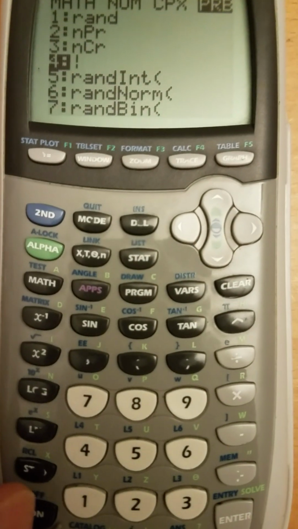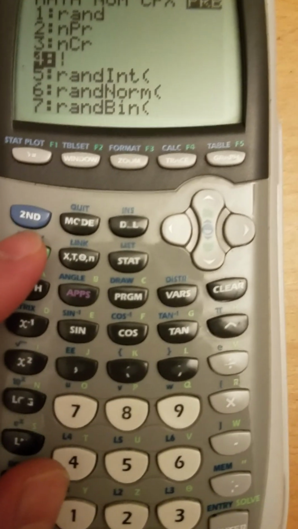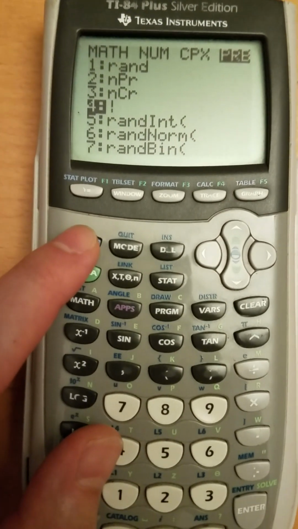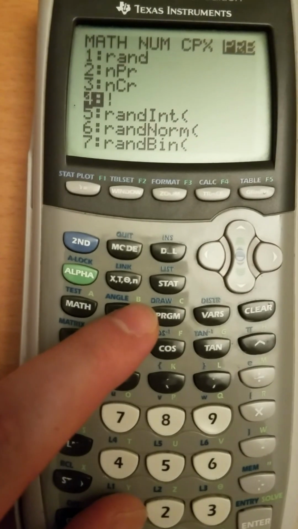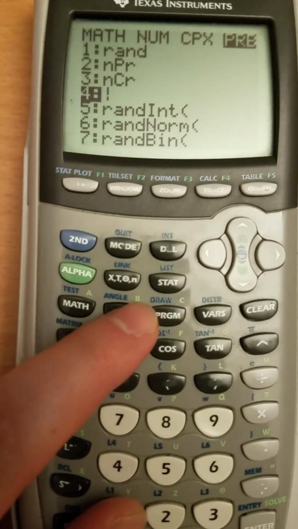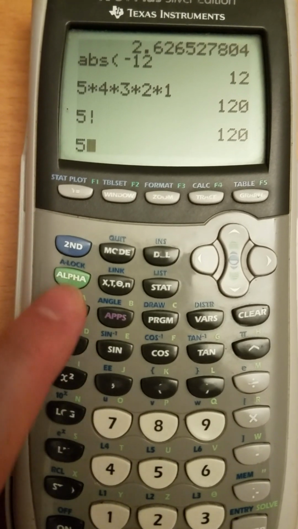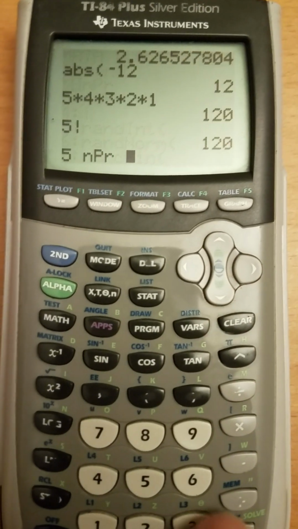You also have NPR and NCR. So those are for permutations and combinations, but I'll go into that more in detail when we do it in class. Basically, the way it works is if you want to do 5p2, you would do 5, go to math, go to probability, press this, and then 2.